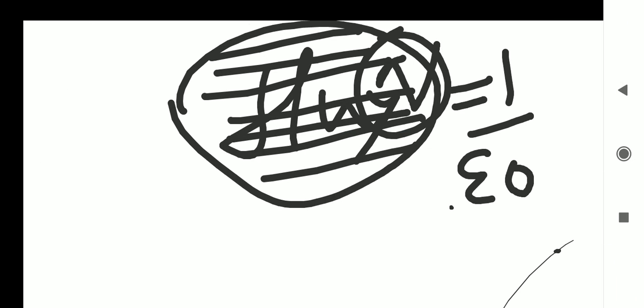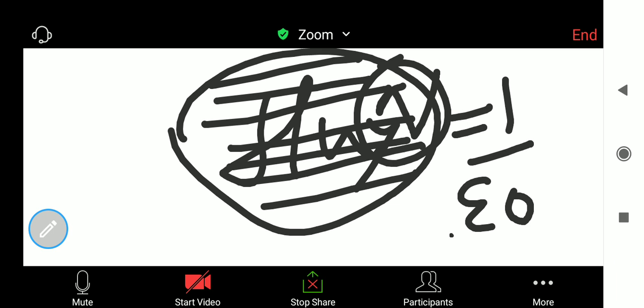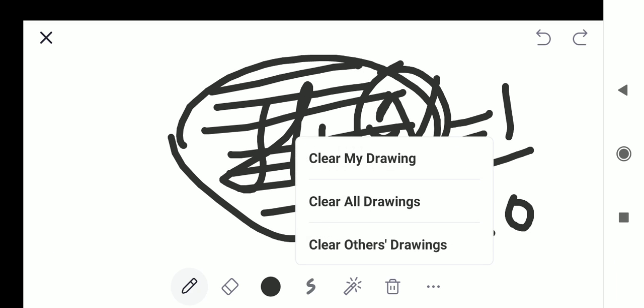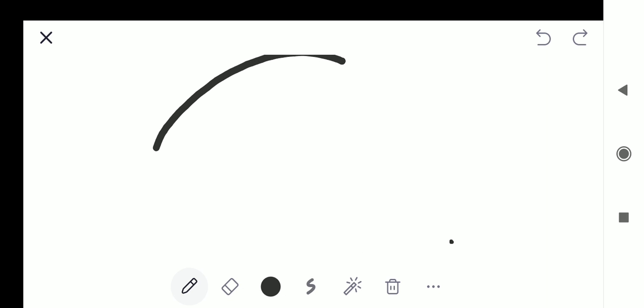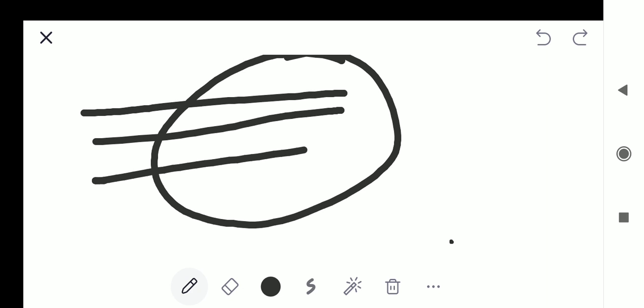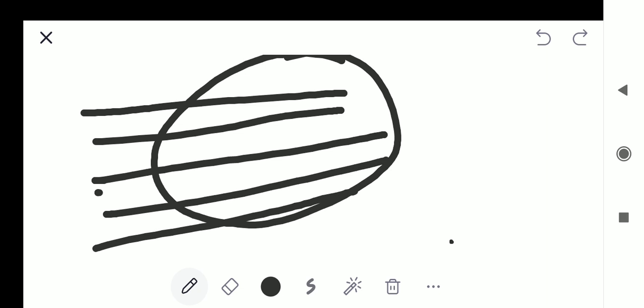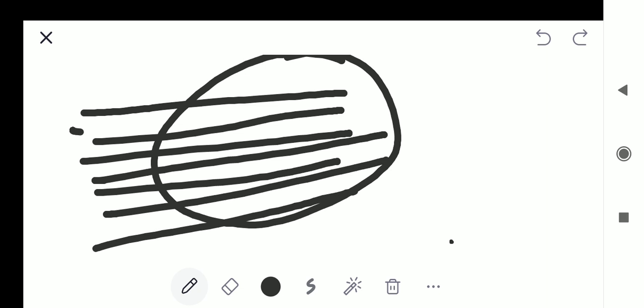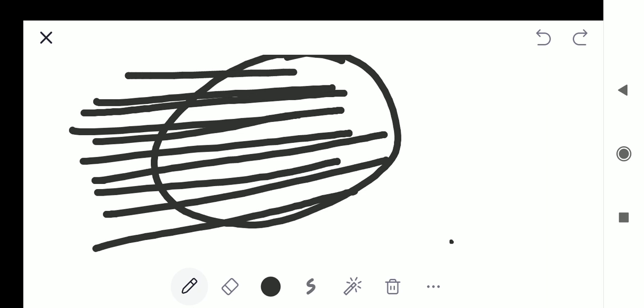So here, we need to talk about what is meant by electric flux. What do you mean by flux? Flux is nothing but, consider a certain area in an electric field. The number of imagined lines passing through it counts. Electric lines are not real; they are imagined concepts.